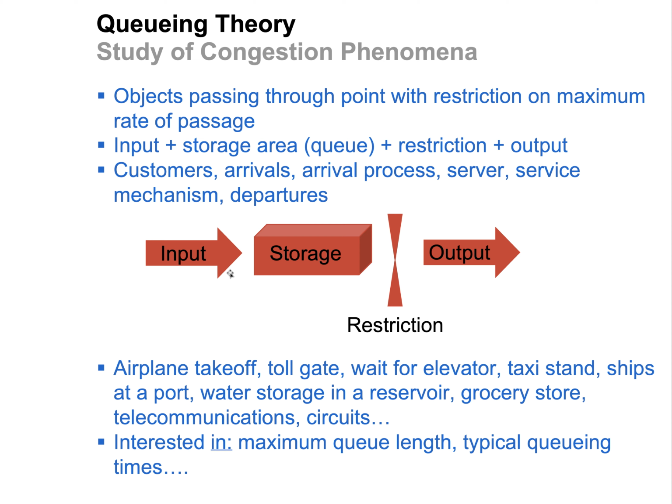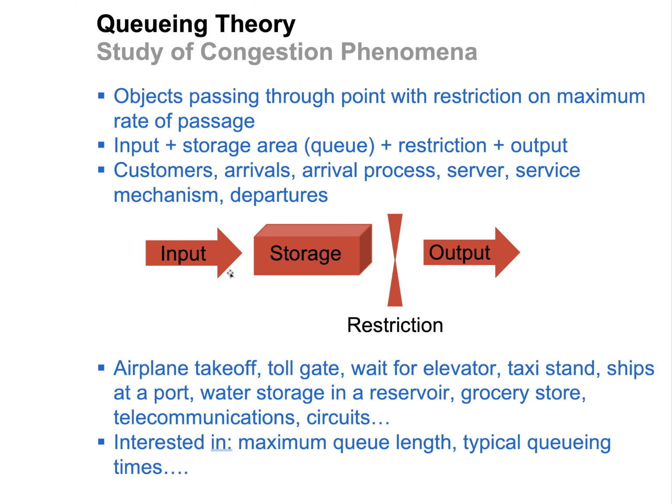And the basic model, as shown in this figure, includes some sort of input process, a storage area, which is where the queue sits. In traffic, that might be a turning lane, an on-ramp to a freeway, or a taxiway at an airport. Then there's some restriction that we sometimes call a bottleneck that restricts the maximum rate of passage.